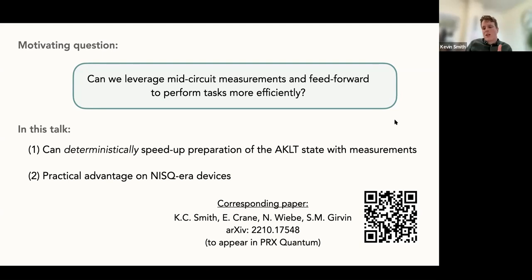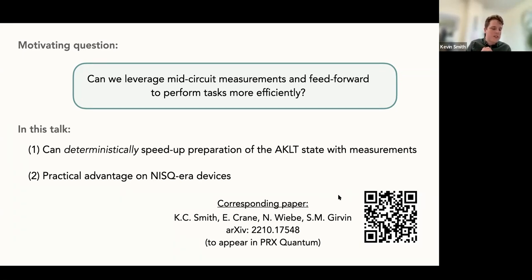More narrowly in this talk, I'm going to be focusing in on a recent paper by myself and Steve and our co-authors listed here, which is really a story of state preparation, and preparation of something known as the AKLT state. What we show in this paper, and what I'll share with you today, is that this is an example of state preparation which we can drastically speed up by leveraging this broader toolbox, as opposed to just relying on local unitary gates.